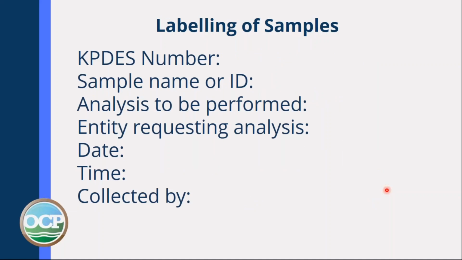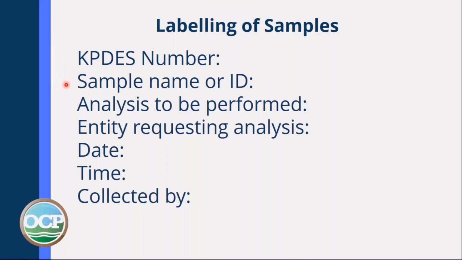Whether it's a sample for testing later as a grab sample or a composite sample, all samples should be labeled with at least this information. So the number of the permit, KPDES number, what the sample name or its ID.